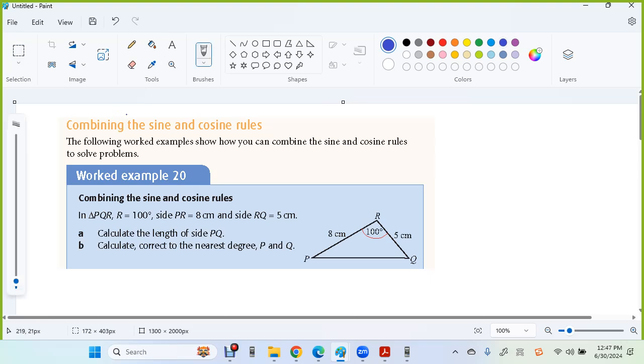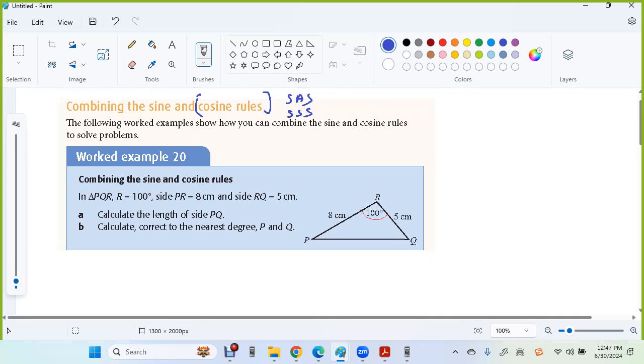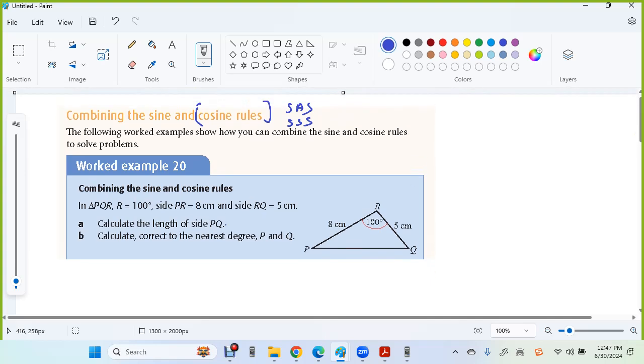We can combine the sine and cos rules. Make sure only in the SAS and SSS cases we use cos rule. Other than this, we use sine rule. Worked example 20. We want to find PQ. This is SAS, so we have to use cos rule.